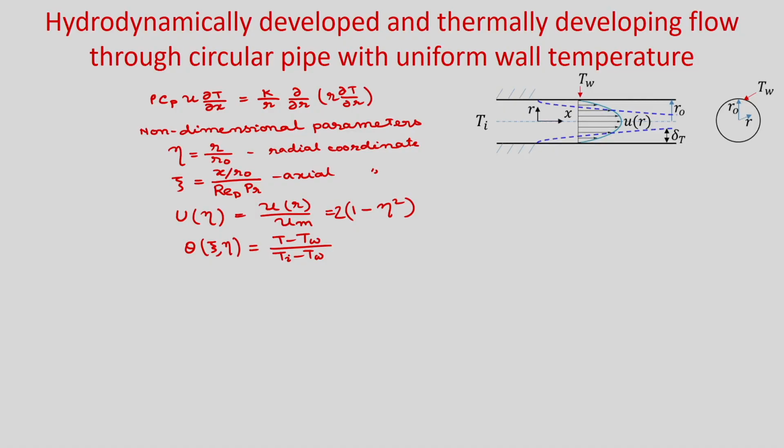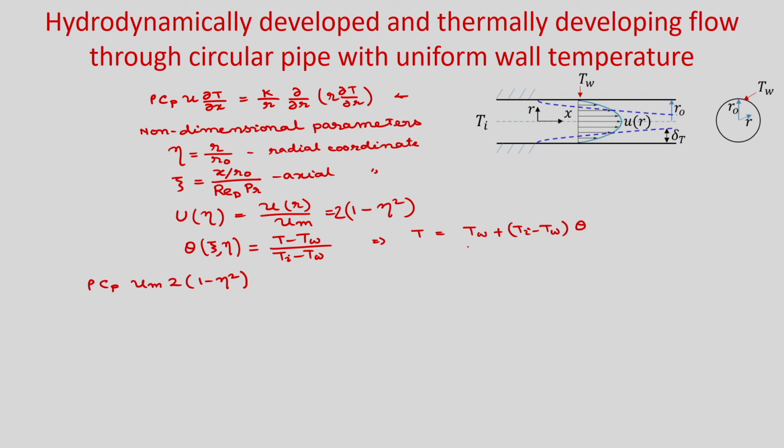So, if you put all these in this energy equation, what you are going to get? Rho Cp. Okay. So, you will get u m into 2 into 1 minus eta square, then you will get del T by del x. Okay. So, del T by del x means, from here you can see T is your T w plus T I minus T w into theta.